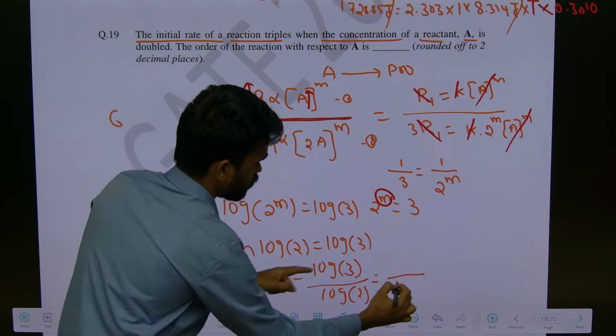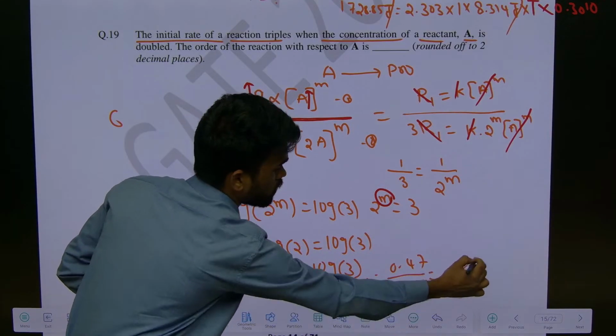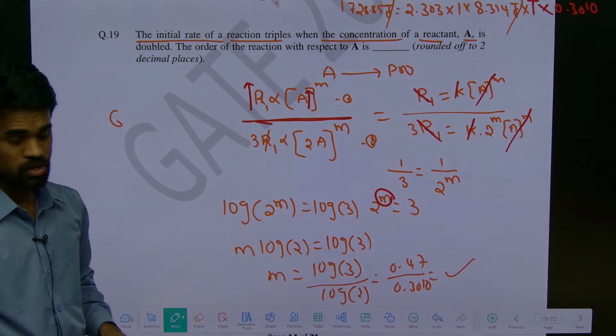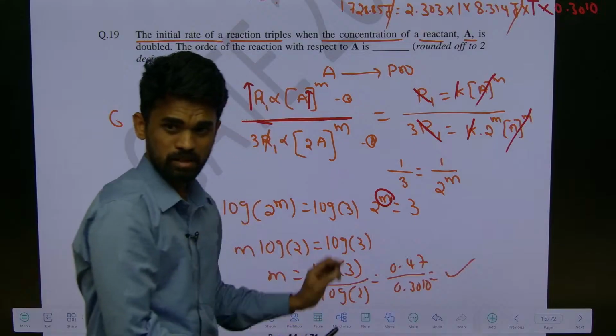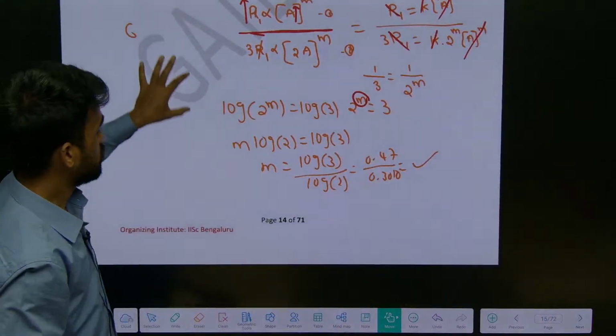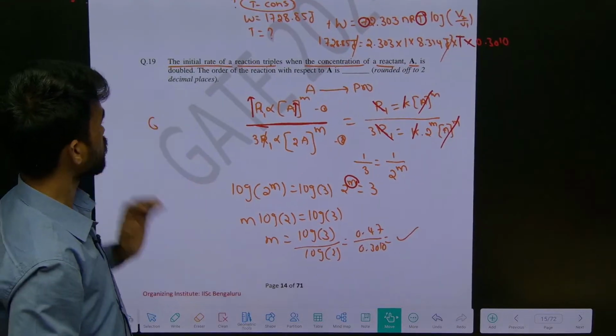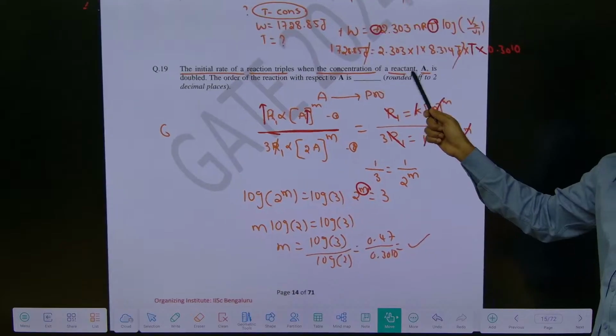So you will get 0.47 by 0.3010. Again use your calculator to get the exact value. Do you get the concept? Do not directly write the answer, but please try to use a calculator and do it. Again round off to 2 decimals.